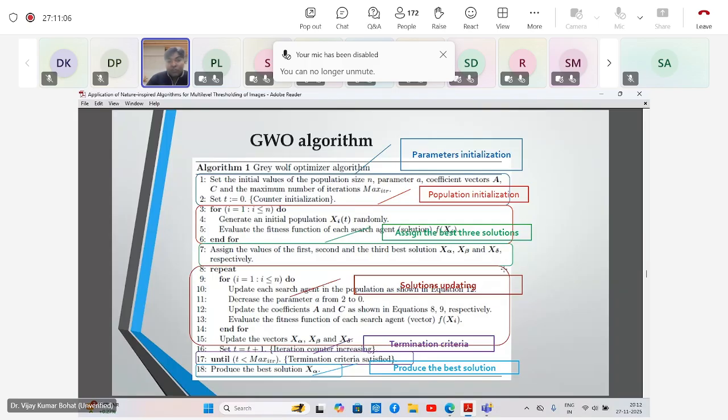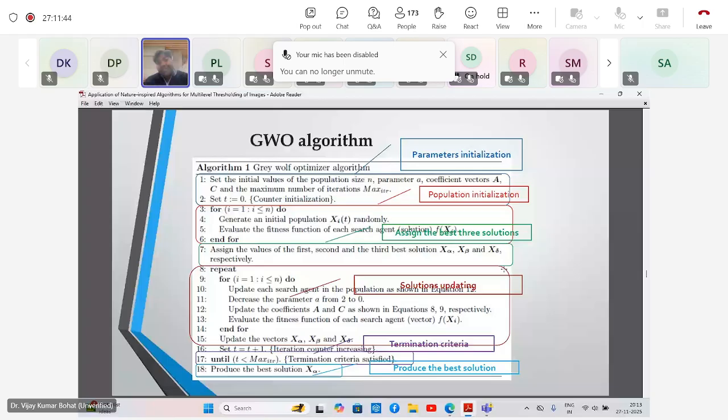After setting these initial values, we go for counter initialization of iterations, t equal to 0, and then we start our main loop, in which we first randomly generate the initial population depending upon the size n, and evaluate the fitness of each search agent, or each gray wolf. After evaluating the fitness, we assign the first, second, and third best solutions, x alpha, x beta, and x delta, respectively.